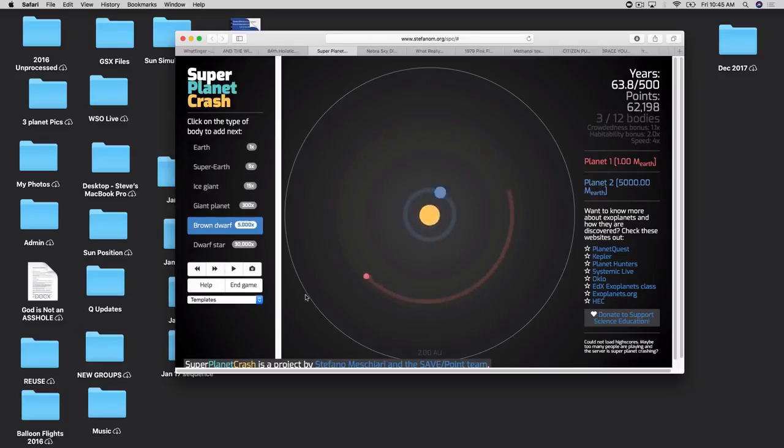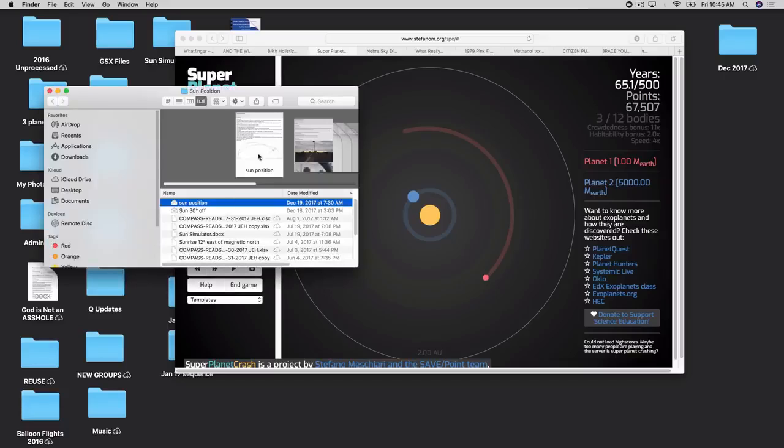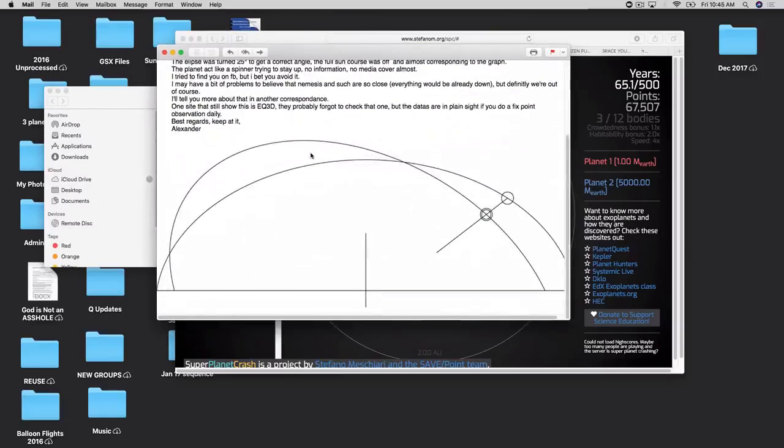Now, what that reminds me of is the graphics that we got from that person in Paris a little while back, right? And it's this one right here, the sun position email that we got, and the associated graphic with it. Okay. And basically it shows the same thing.